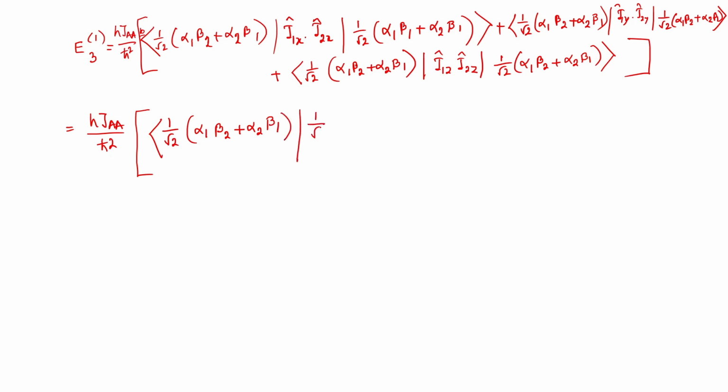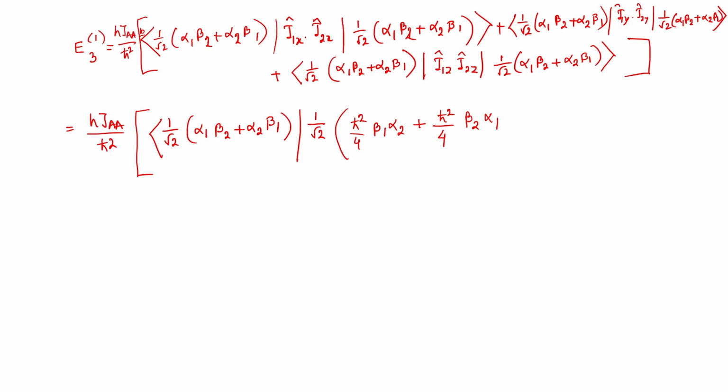So 1 by root 2, taking common I1x I2x, that is ħ square by 4 beta 1 alpha 2, that is what we are going to get for the first, and then for the second also we are going to get alpha 2, we are going to get beta 2, and for alpha beta 1 we are going to get alpha 1 beta 2, beta 1 alpha 2, and both of them we are going to get the same thing, right?